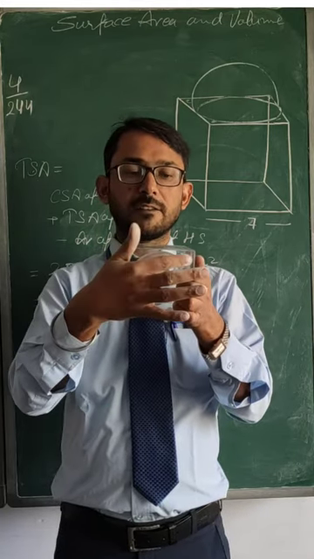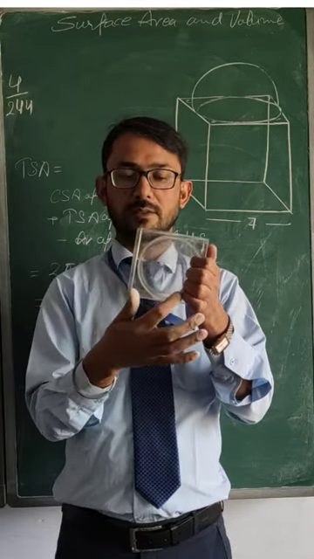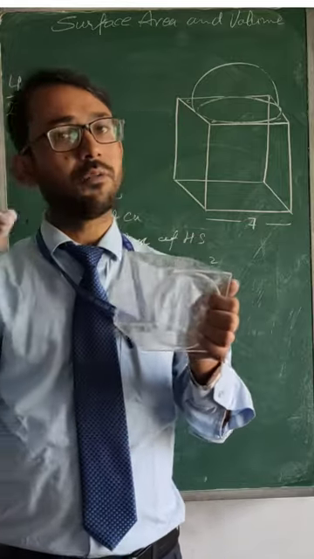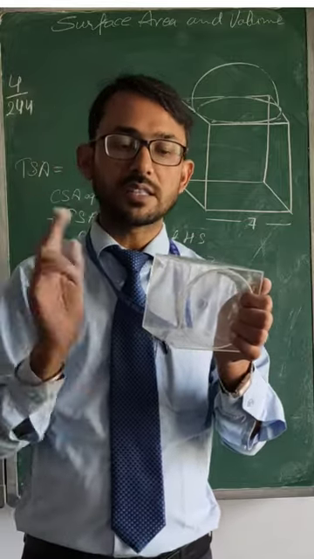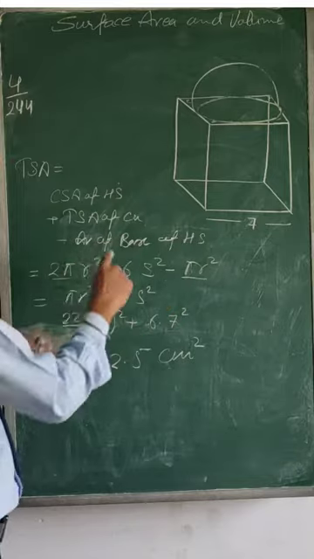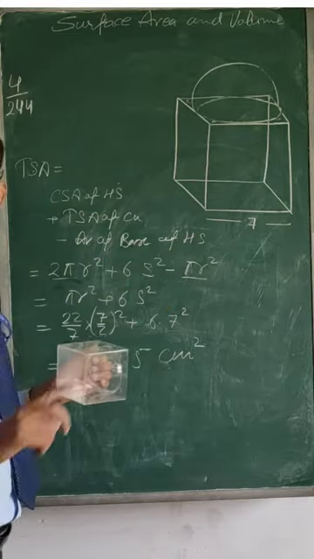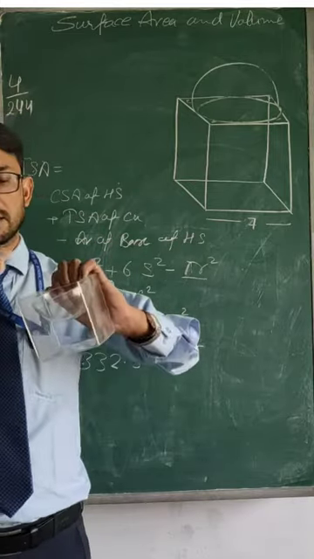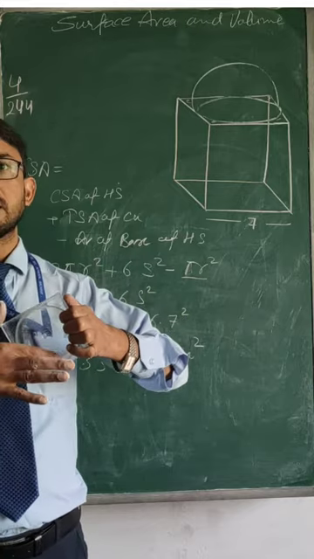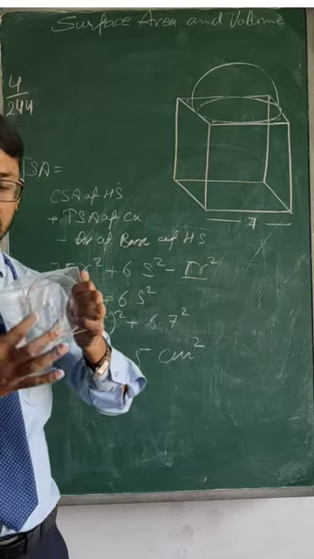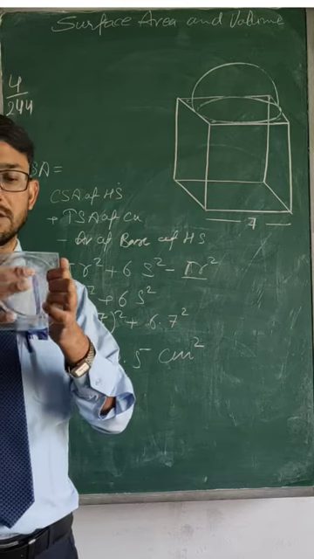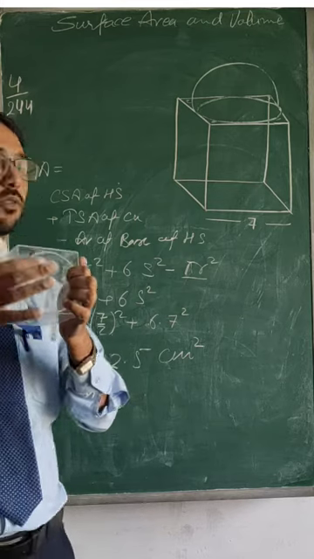See, this part still will be with us. So it will be the same for total surface area: the total surface area of cube plus curved surface area of hemisphere minus area of circle. On the base we need not paint over here, we will be painting over here.